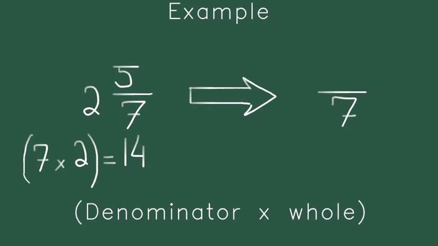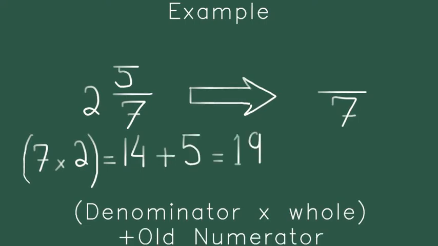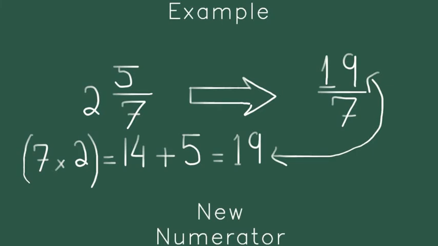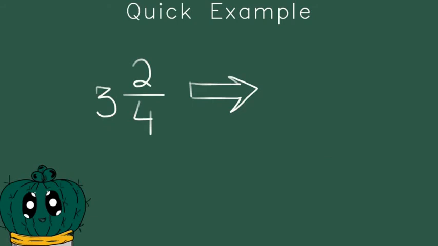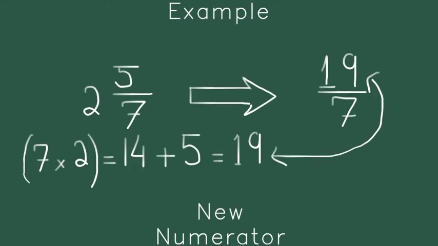In this case we have 7 times 2, which gives us 14, and then what you do is you add this number to the numerator. In this case it is 5, and then you put that number, in our case this is 19, into the top numerator side, into our new numerator side. And that is basically how you do a conversion of a mixed number into an improper fraction.